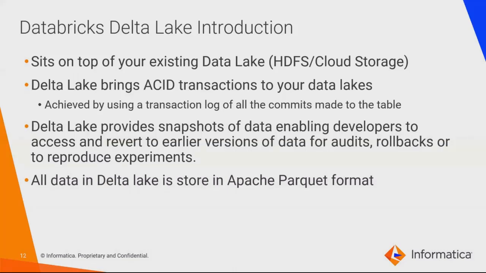So rather than modifying the files, everything is kept in a transaction log. And then by making use of the computing power of Spark on the Databricks cluster, which will be linked to your Delta Lake, you can easily go back in time and look at snapshots of your data at one moment in time.